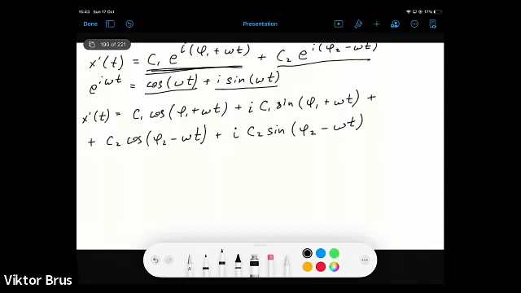Then we have real part, and here is real part. Here we have imaginary part, and here we have also imaginary part.